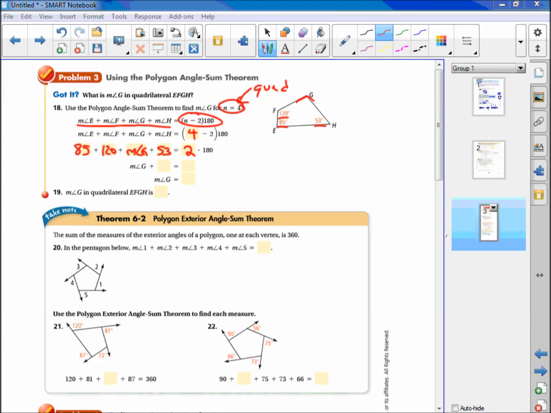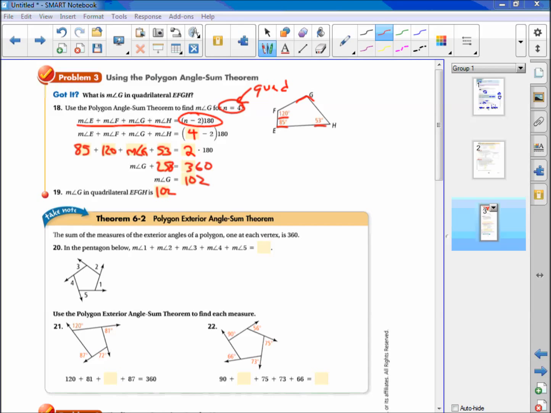If we combine the numbers on the left side, we get 258, and 2 times 180 gives us 360. If I subtract 258 from both sides, I get 102. So in quadrilateral EFGH, the measure of angle G is 102.